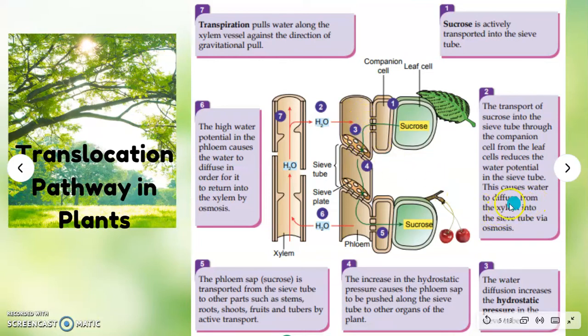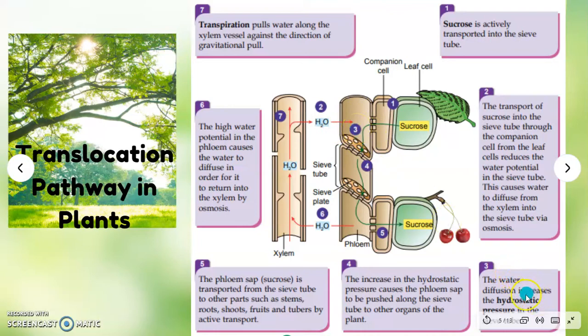This causes water to diffuse from the xylem into the sieve tube via osmosis. We can see here the xylem has a high water potential, and the water from the xylem diffuses into the sieve tube by osmosis.